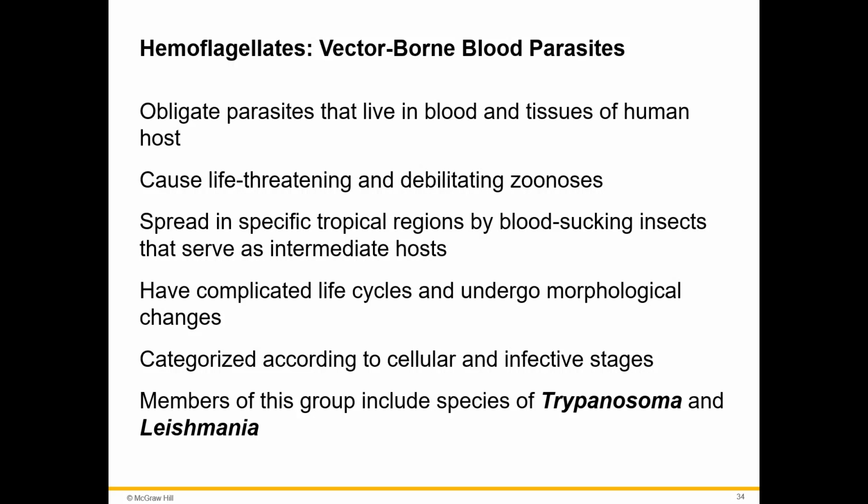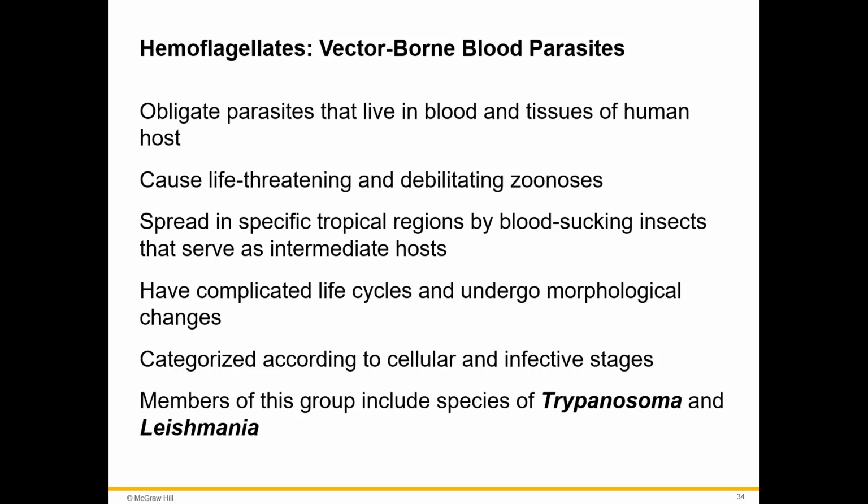So we're going to talk about hemoflagellates, right? These are still flagellates, flagellated protozoans, but these guys exist strictly in the blood, okay? So that's why we say we have vector-borne blood parasites, meaning that they need a vector to get into our systems, okay?